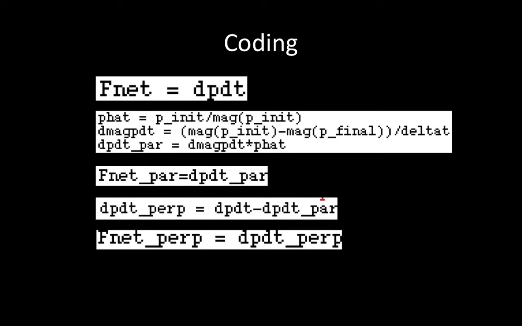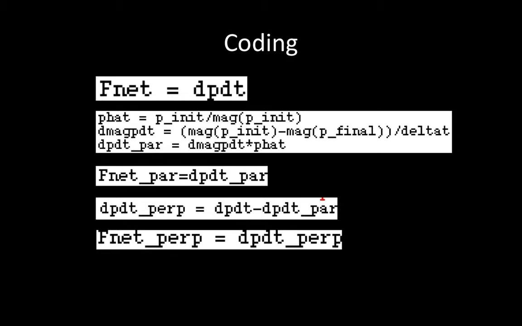The magnitude of the parallel momentum, shown here, equals the change in the momentum's magnitude divided by the change in time. When we multiply by p hat to give it direction, that's the F net parallel component. The perpendicular component is found by subtracting dp dt parallel from the total dp dt. This gives us the F net perpendicular component.